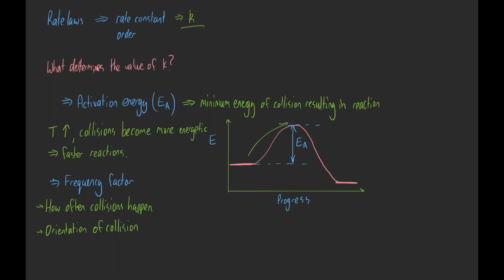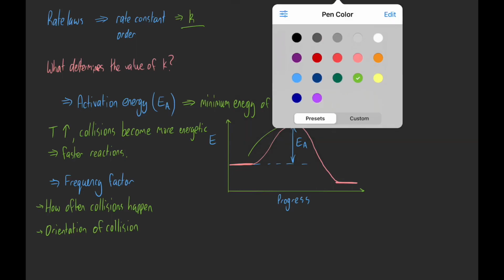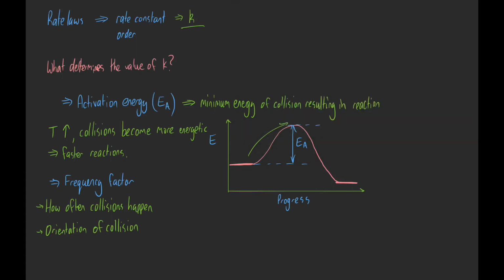So it's these two factors that give rise to the value of K, and there's a relationship called the Arrhenius equation that links these factors together. That is the Arrhenius equation.